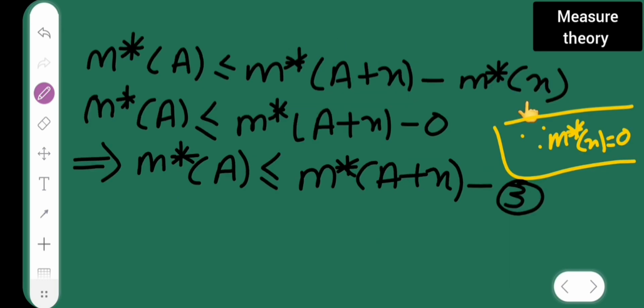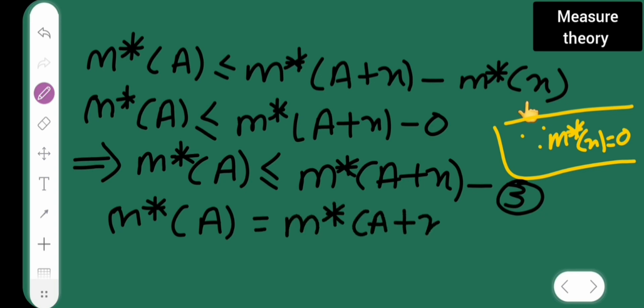So m star of A is less than or equal to the outer measure of A plus x. So now m star of A is equal to m star of A plus x. I got this from 2 and 3.